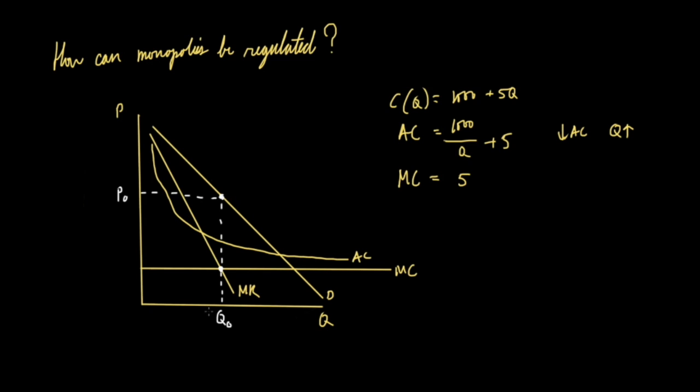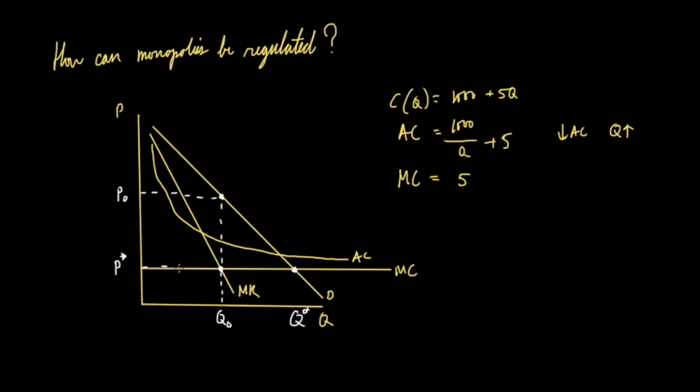And now we know that the socially optimal quantity is where P is equal to MC, which is at this point here. So when the firm charges P star, this would ensure that the firm produces a socially optimal quantity of Q star.